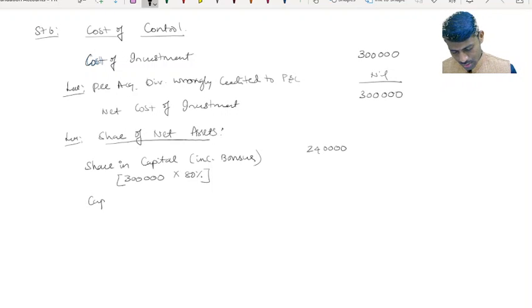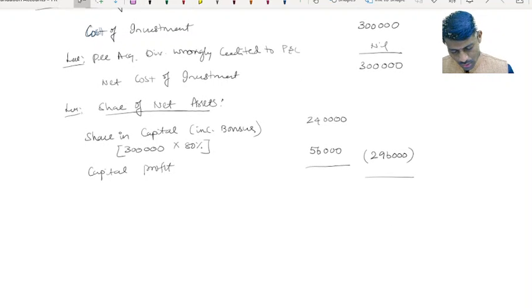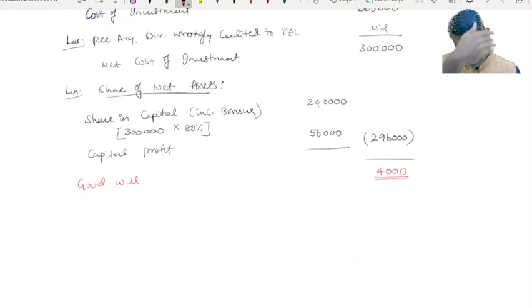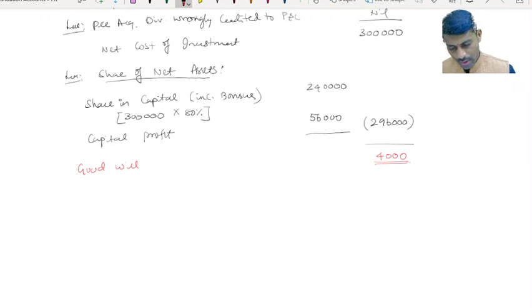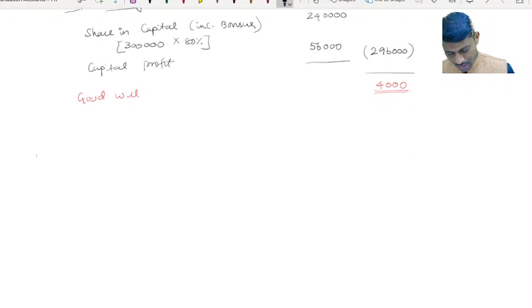Capital profit, I believe, is 56,000. So in total, it is 2,96,000. Therefore, what you get is goodwill, 4,000. Goodwill 4,000. Next, step number 7.